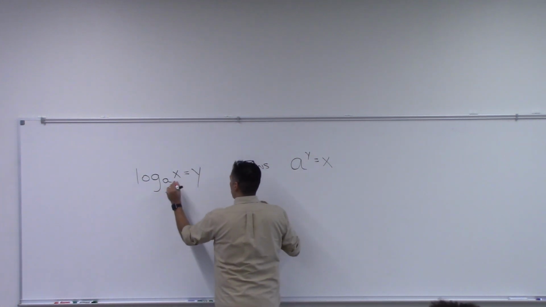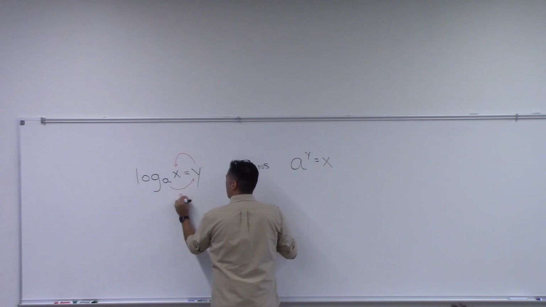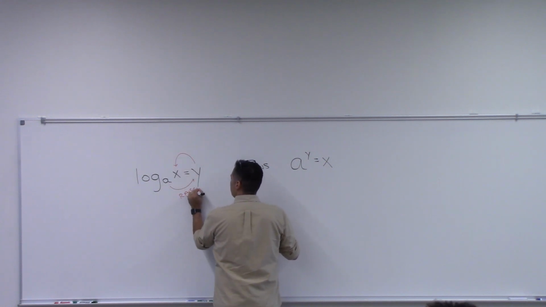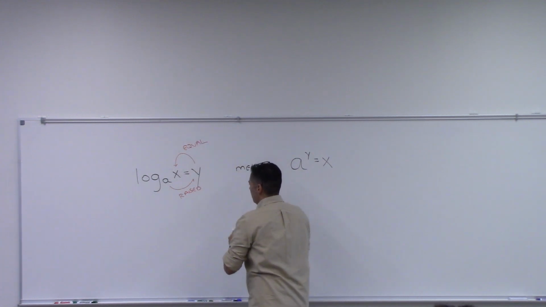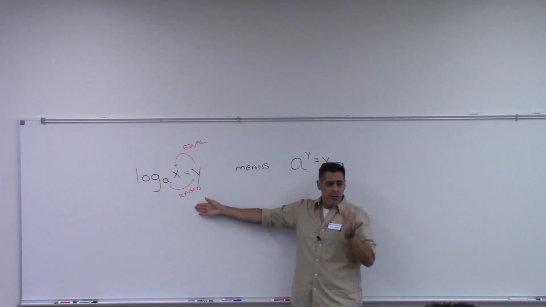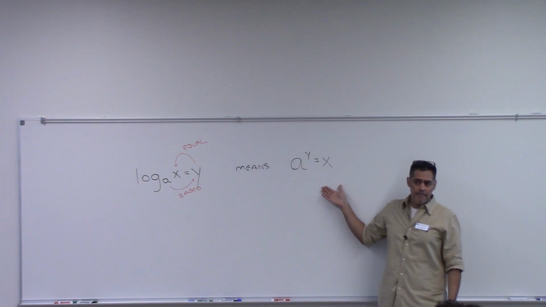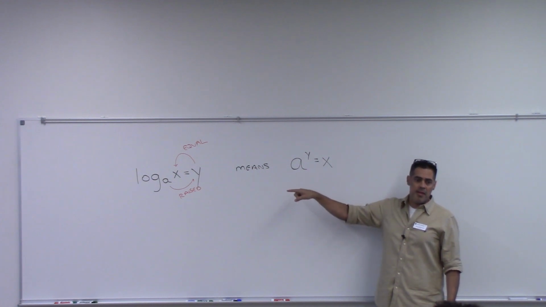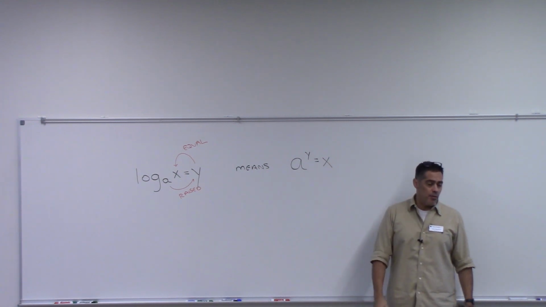The way to go from here to here, you do this loop: a raised to this must equal this. This is called the logarithmic form, and this is called the exponential form, right? So if you see a logarithm in there, it's the logarithmic form. If you don't see the log, it's called the exponential form.